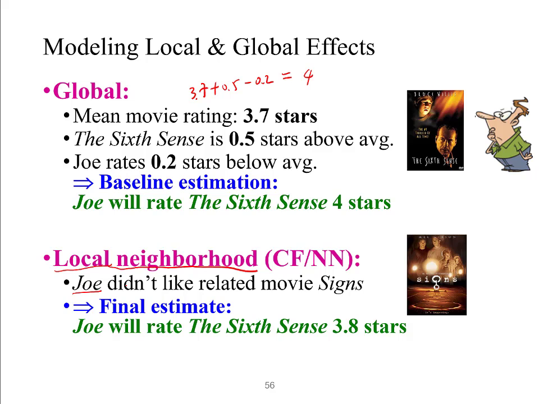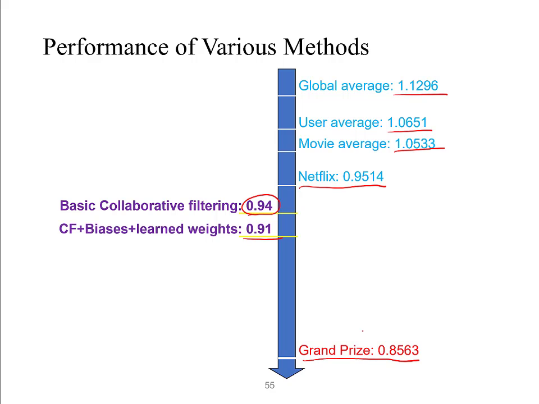So if we know that Joe didn't like a related movie, our guess is that he may not like this movie as well. So we do the final estimation. Say Joe will rate this movie like 3.8 stars, which is lower than 4 stars, our baseline estimation based on global effects.